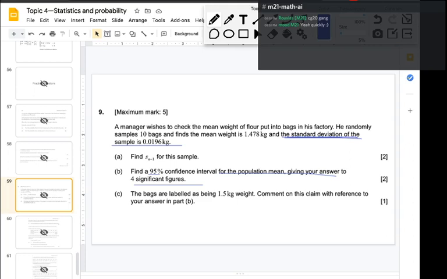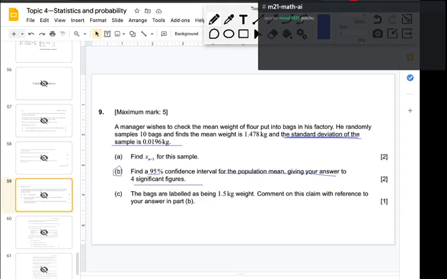Next, the bags are labeled as being 1.5 kilogram weight. Comment on this claim with reference to your answer in part B. So this would depend on the answer from before, whether it's outside the confidence interval or inside the confidence interval range.